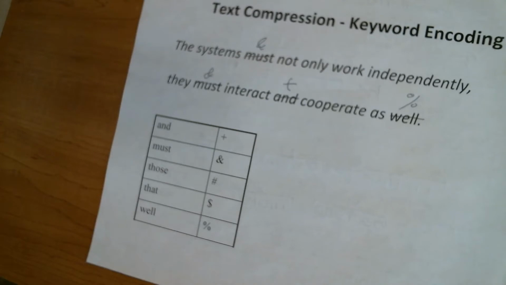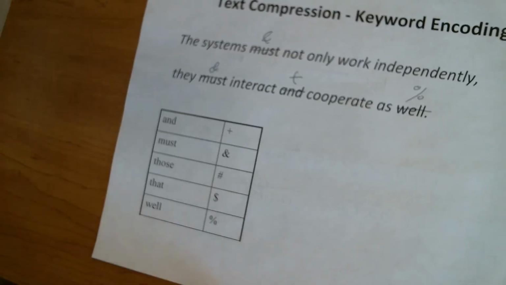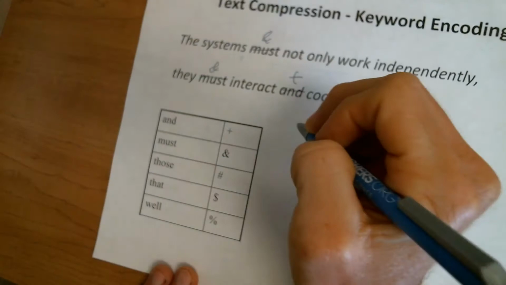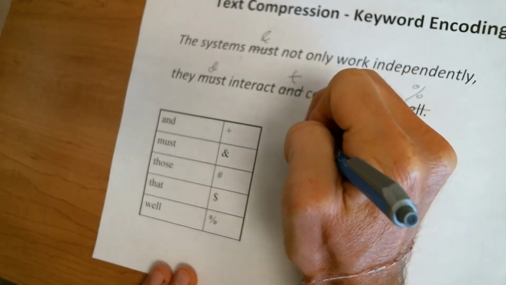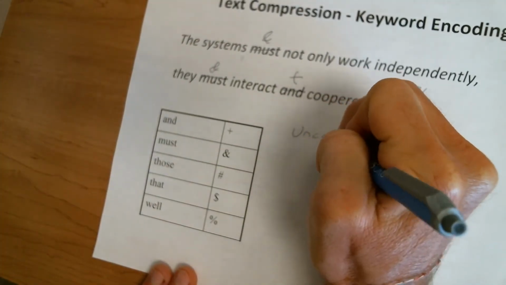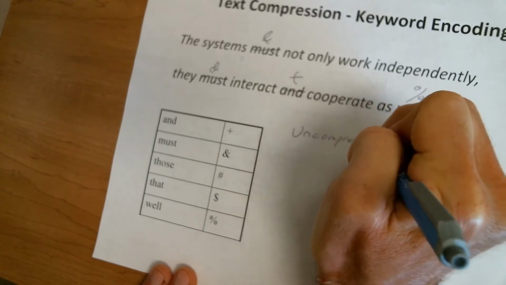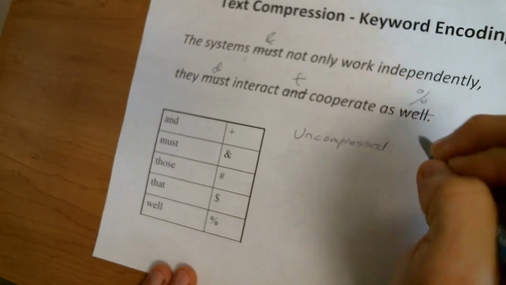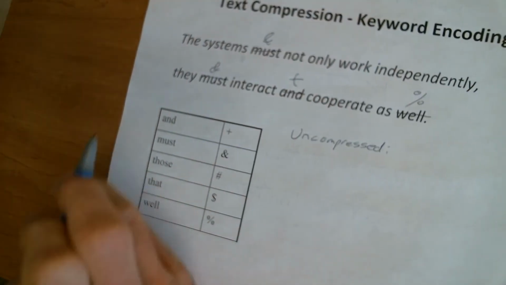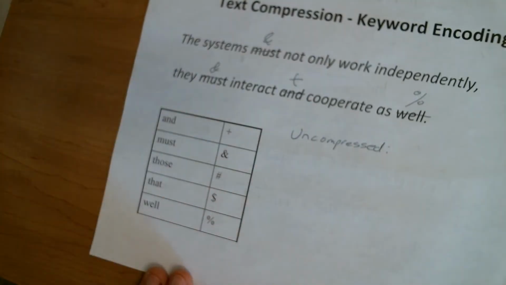So usually what we do is we calculate a compression ratio to see exactly how much space we're saving. So to calculate a compression ratio, you start with the uncompressed size. Now, in this example, you would count up all of the characters.